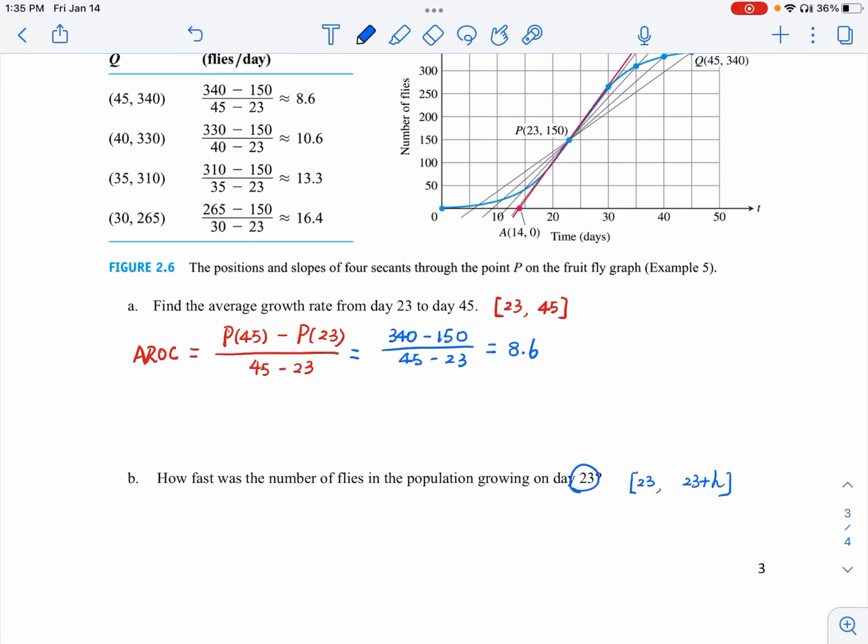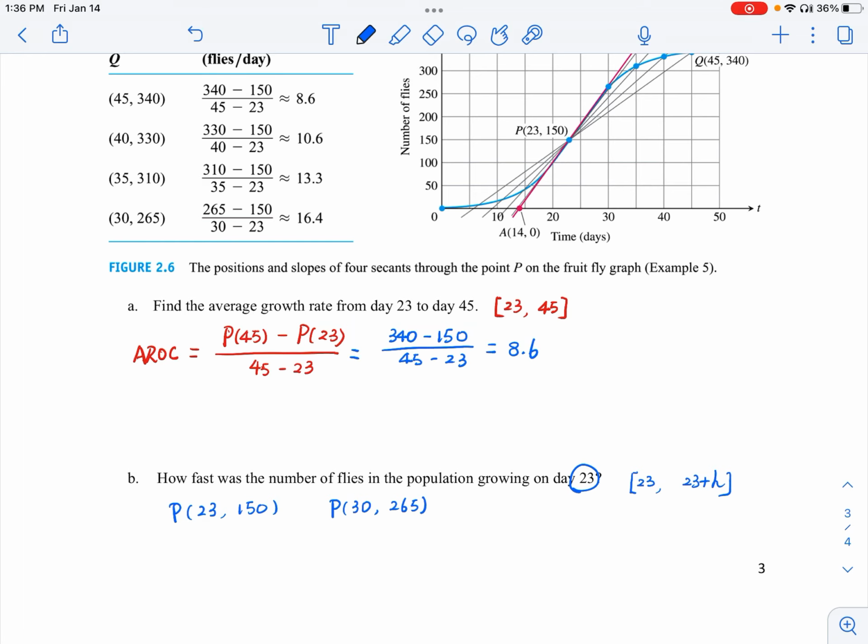We know at day 23, we have the point (23, 150). The next closest point shown on the graph is, in fact, day 30. So we use day 30.